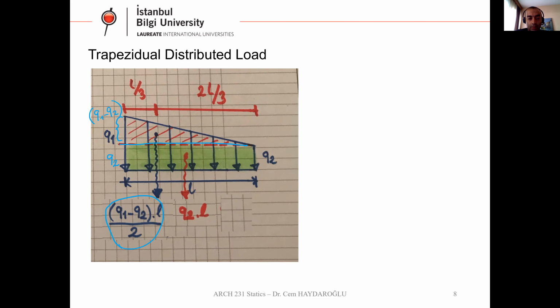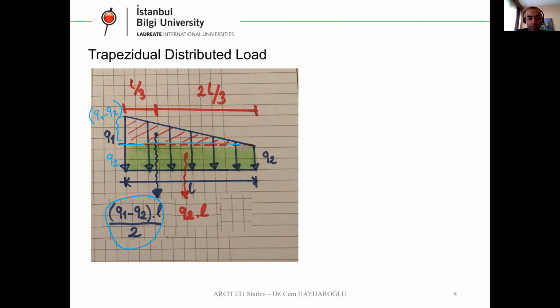So now we have two concentrated loads on our structural system instead of one trapeze distributed load. That's okay. No worries. We can calculate all these complex loadings easily.